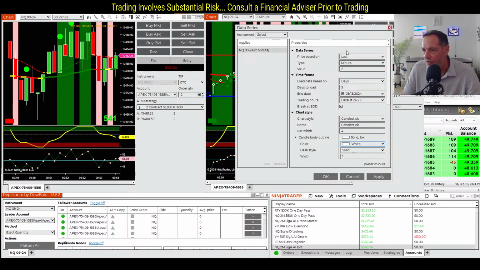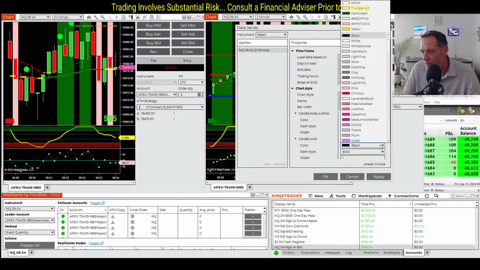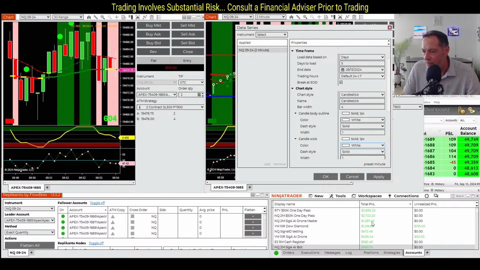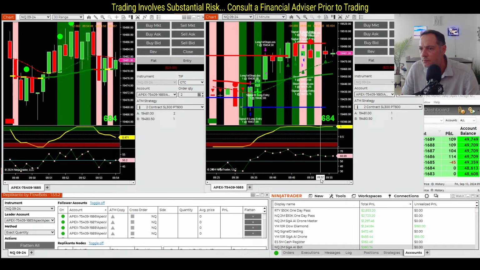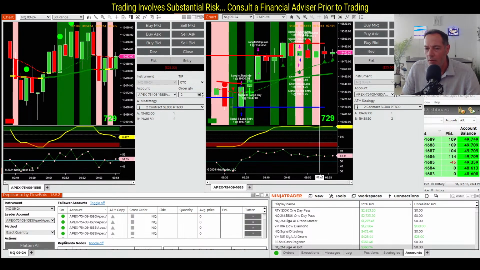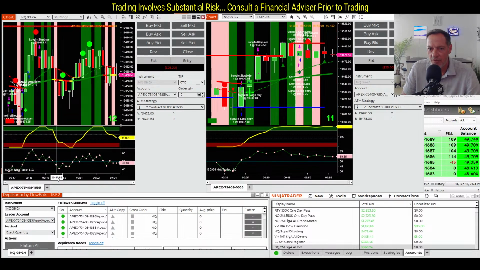So I'm going to show the 2 minute chart over here on the right, and we'll measure some candles and see why we don't really want to participate in this market. On the left I've got the 30 range, and on the right I have the 2 minute candle.